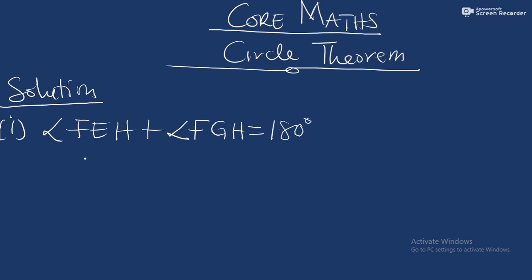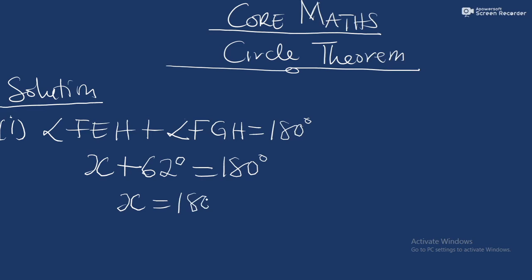Okay, so substituting, we have this one is X plus this one is 62 degrees equal to 180 degrees. And this will give us X equal to 180 degrees minus 62 degrees. And our X will be equal to, so when we subtract, we get 118 degrees. Good. 118 degrees. So this is the answer to the I.